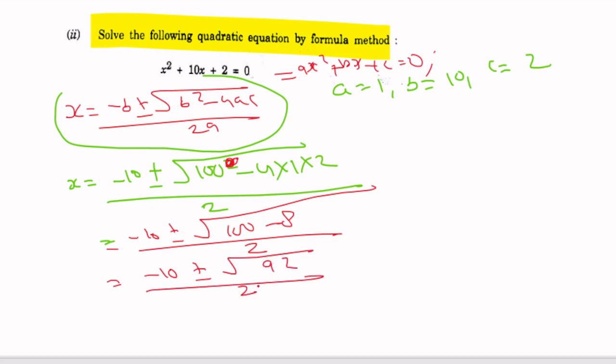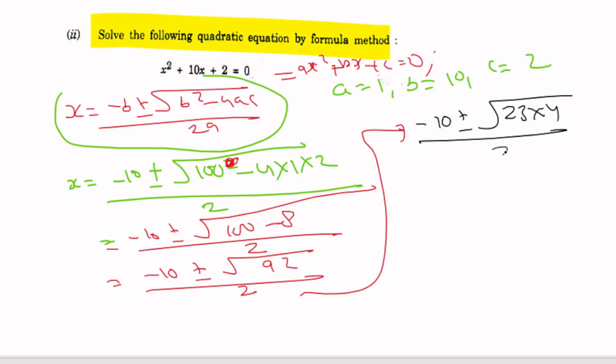Now we don't have any square root of 92, so simply what we can do now, we can write 92 in some other way. Some other way as in 23 into 4 is also 92. Why have we written this? So that at least we can reduce the number, because square root of 4 is 2. So minus 10 plus minus, I'll take 4 outside as 2, inside square root 23.